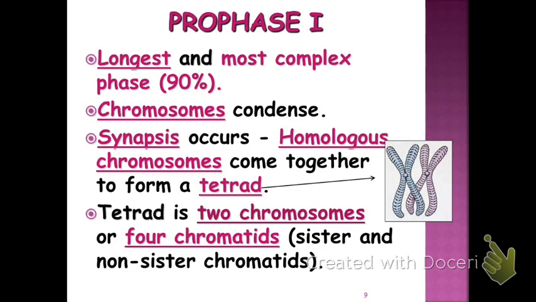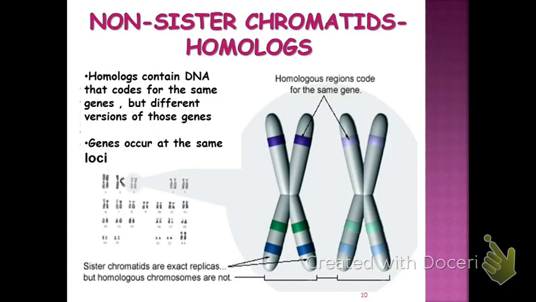Right, so you can see here there is a tetrad, and we'll have a better illustration of what's happening here coming up. Right, so non-sister chromatids are called homologs. So just like you have 2 parents, a mother and a father, each parent is going to contribute 1 of the homologous chromosomes, okay? These homologous chromosomes contain DNA instructions for the same genes.